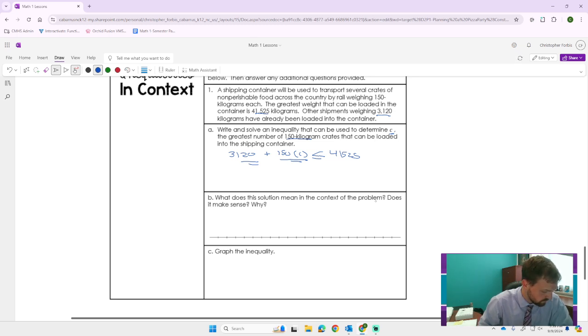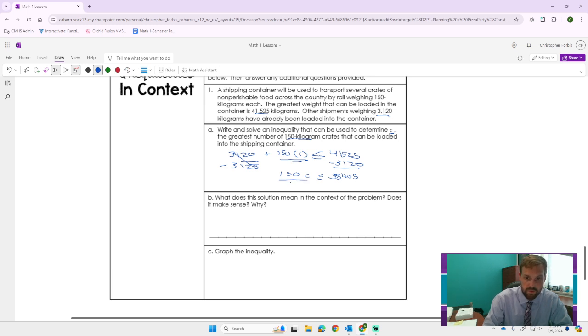All right. Let's keep going. So I'm going to subtract 3120 from both sides. And I get 150c is less than or equal to, when I subtract that, 38,405.